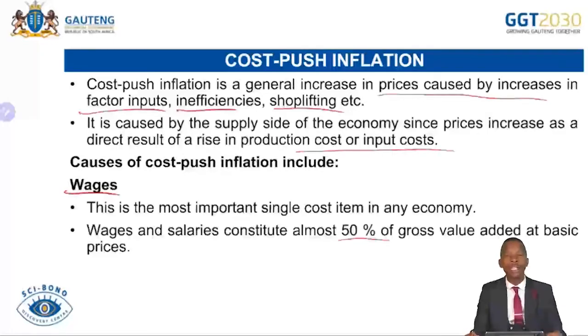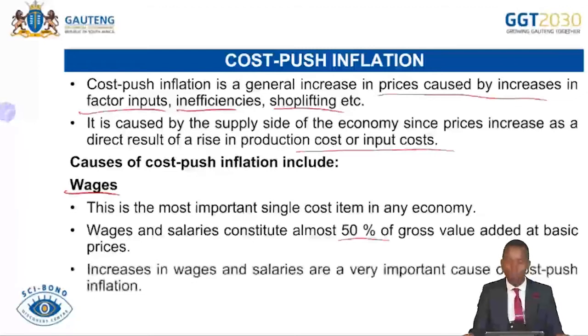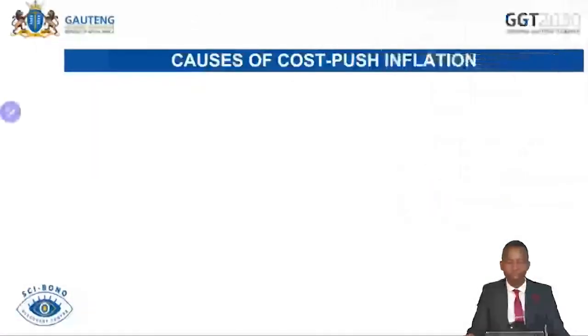They need to increase the selling price, which means they offset that burden of high wages to consumers as end users of the product because they are willing to pay. Increasing wages and salaries are a very important cause of cost push inflation. As they increase, producers pay more for cost of production, and then they assemble together the cost of production. They will be charging the selling price or market prices based on the cost of production, which will be higher in the end.